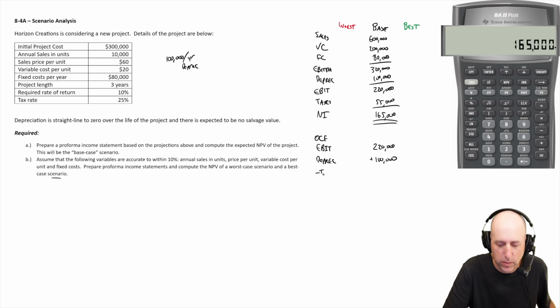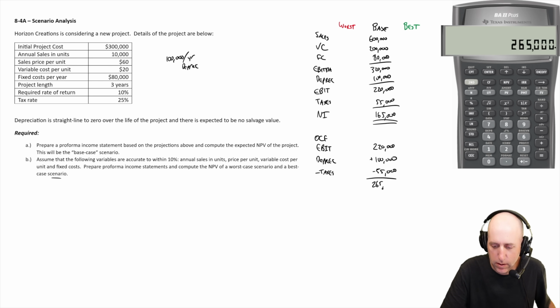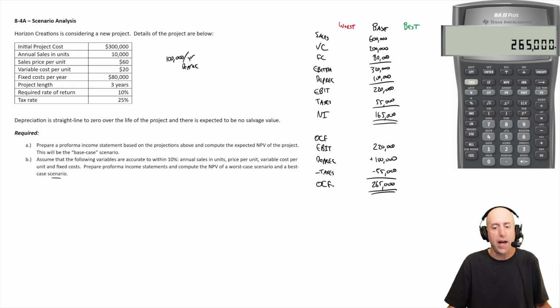And then you deduct your taxes, which is 55,000. You can do this different ways, and you might get there quicker than me. That's fine. 220 plus 100 minus 55, 265. That is our OCF, our operating cash flow.